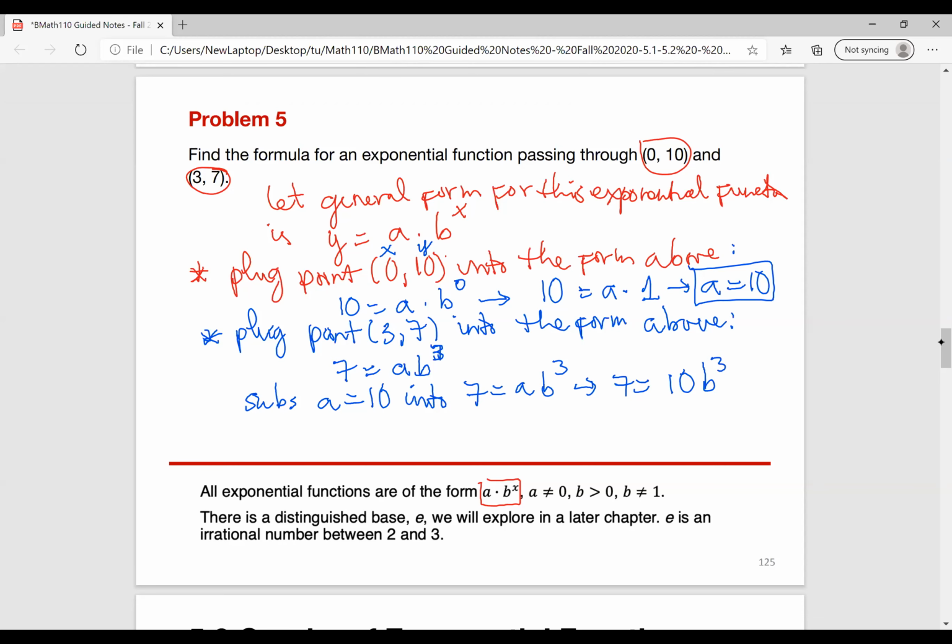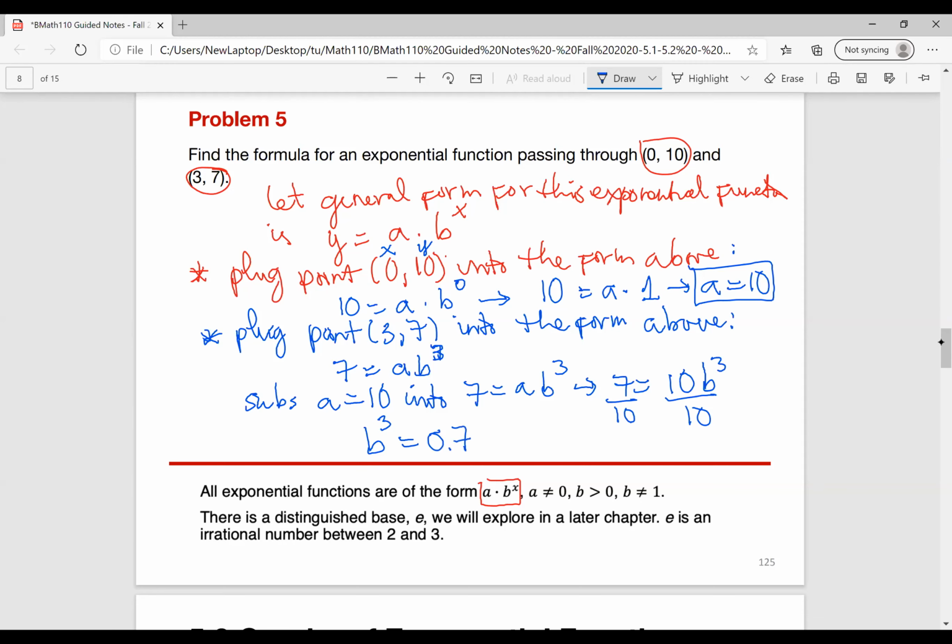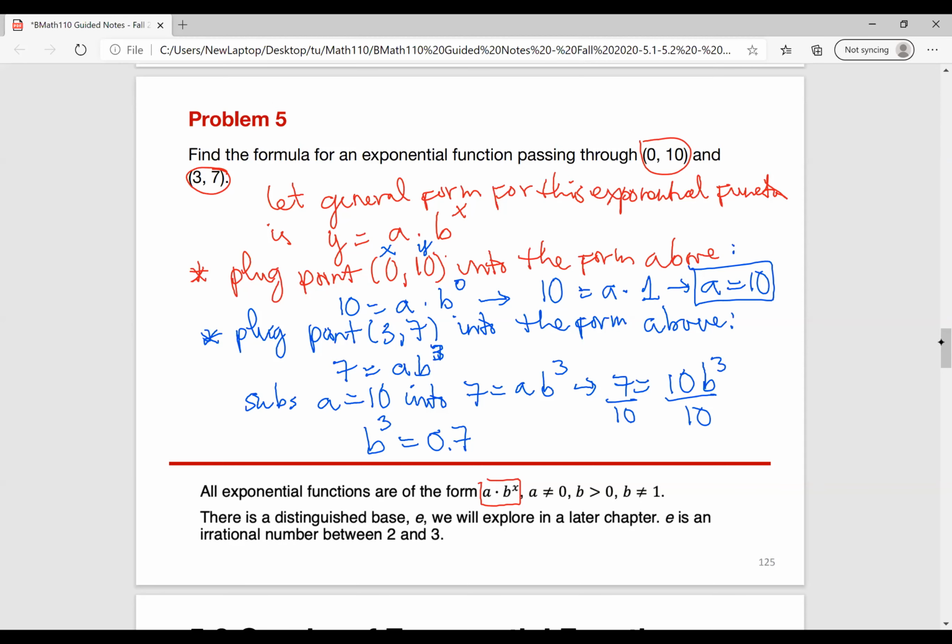So what do you have now? You're going to divide both sides by 10, and you will have b to the power 3 equal to 7 over 10. What is that going to be? 0.7? So now what you need to do is make the exponent 3 go away, because you're looking for b.